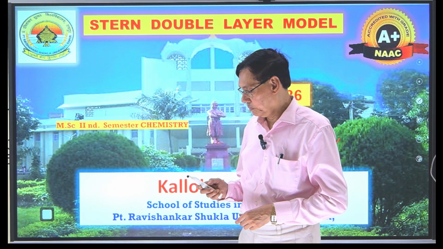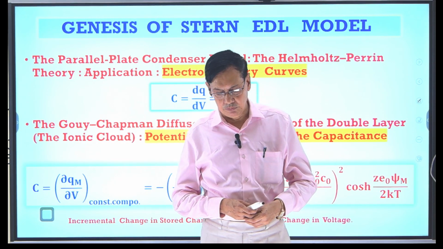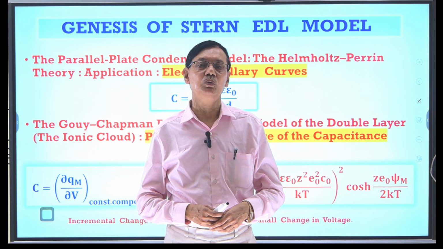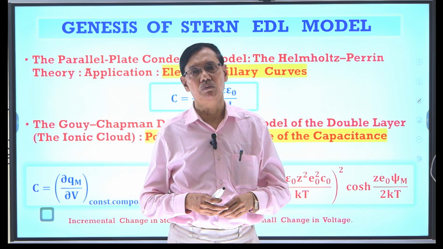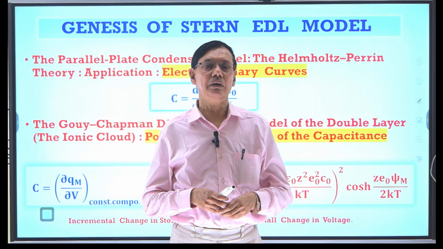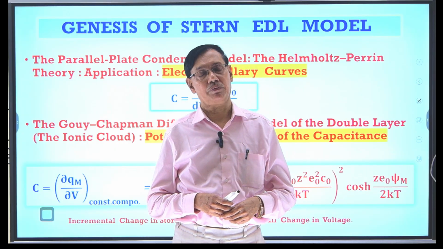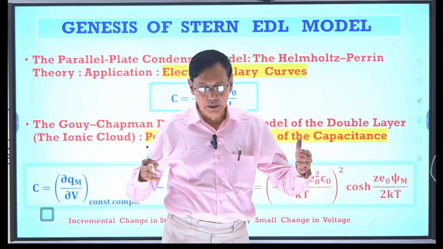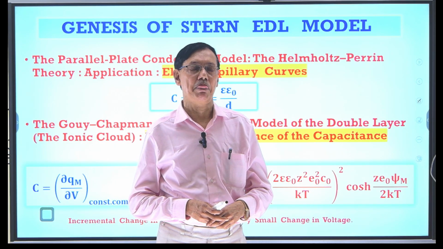As you know, before going into the detailed derivation of the Stern model, I must tell you the genesis of this Stern model. Why is this widely accepted and advanced model required, or what are the limitations of the Gouy and Chapman model?